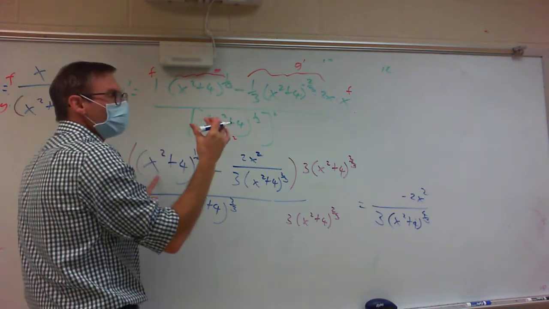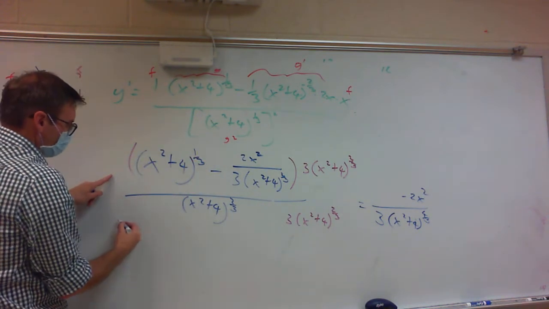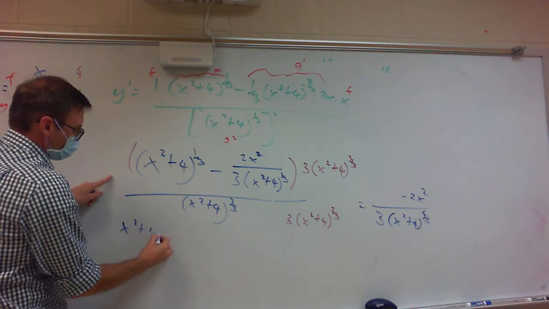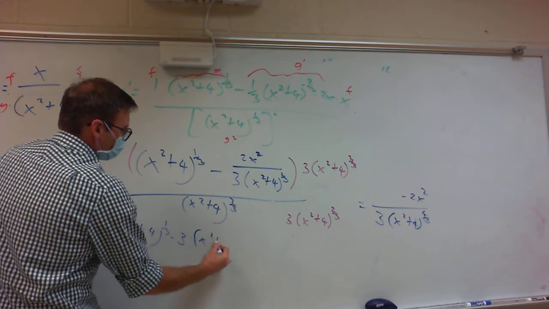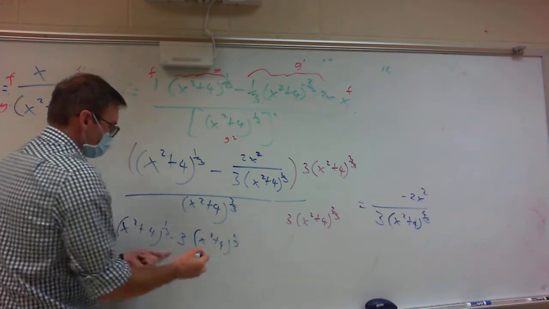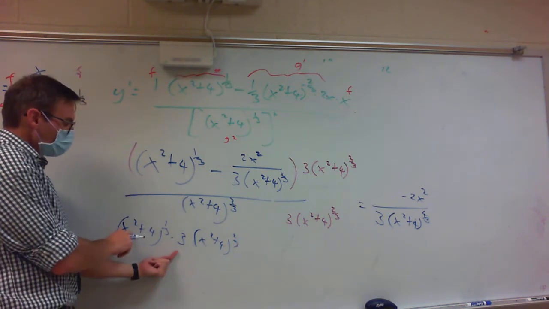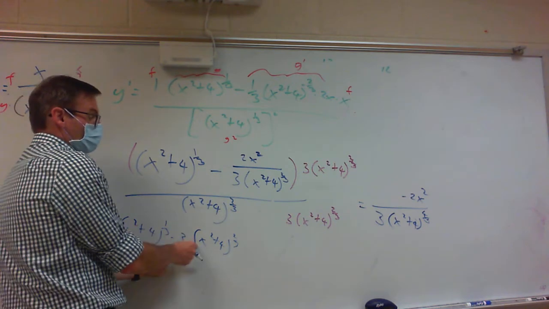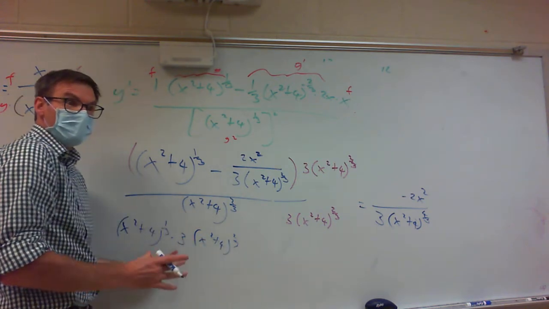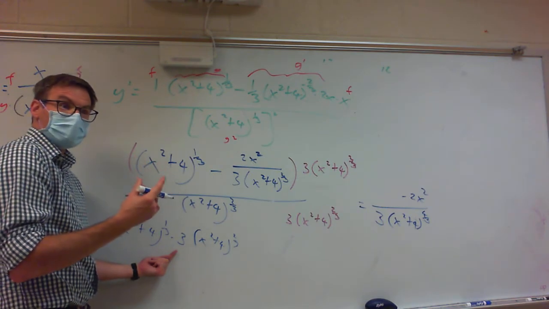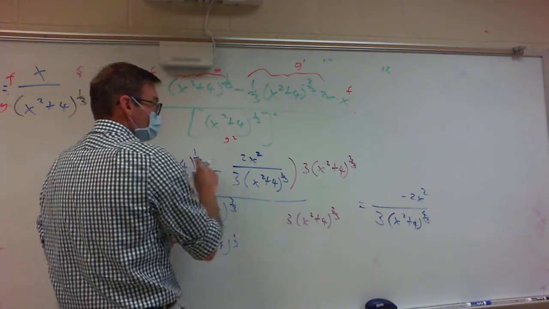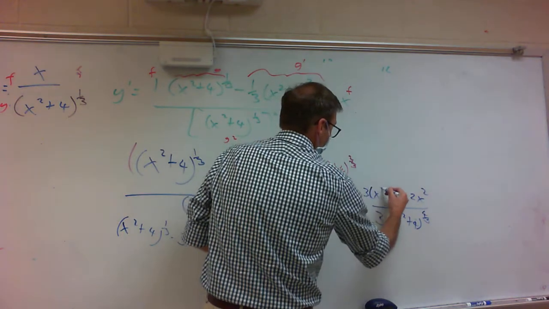So in my head, what I see is I've got x squared plus 4 to the 1/3 times 3 times x squared plus 4 to the 2/3. So I've got the 3. And when I multiply x squared plus 4 to the 1/3 times x squared plus 4 to the 2/3, I get x squared plus 4 to the 1st. So what ends up happening is this times this just gives me 3 times x squared plus 4.